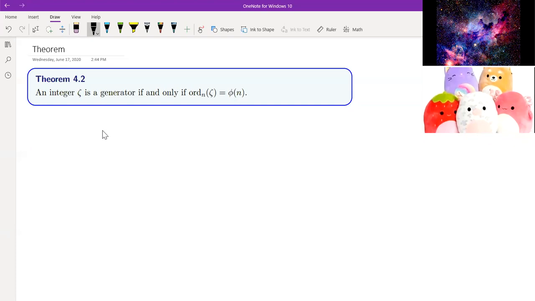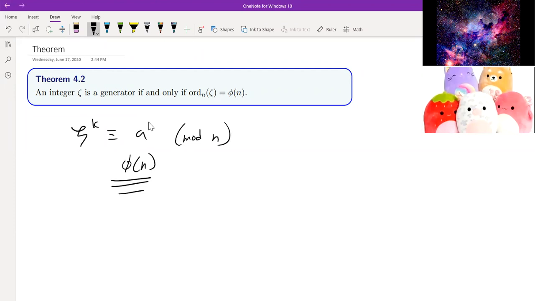The way we can prove this is with a simple argument about generators. So I'll show you real quick. Because this is a generator, we have to be able to generate exactly phi of n distinct values using this expression mod n. Because a generator has to be able to create coprime values a.